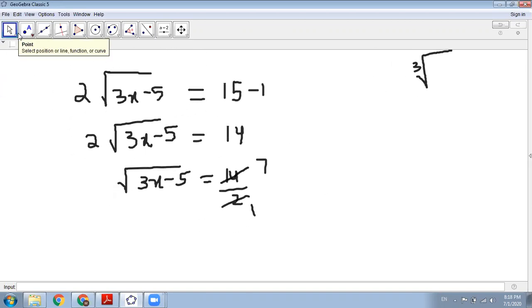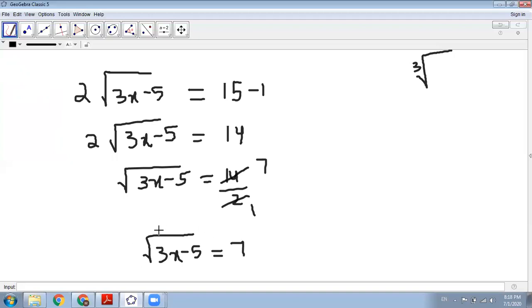Now the radical term, square root of 3x minus 5, equals 7.